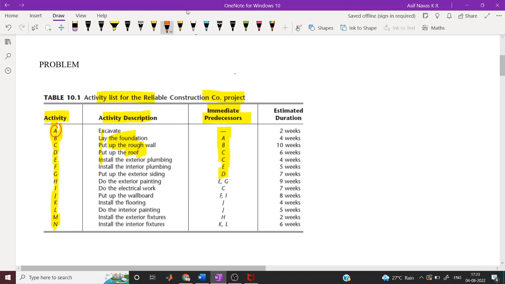A has no immediate predecessor, so before A there is nothing; this is the start. B has immediate predecessor A. That means only after doing A can we perform B. Similarly, for C, B is the immediate predecessor, so C can be performed only after B.